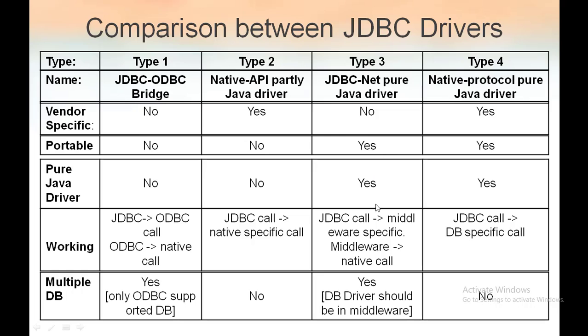Only type 3 driver has 3-tier architecture. Type 4 driver converts JDBC call into database specific call. Multiple DB: type 1 and type 3 drivers support multiple DB. Type 2 and 4 drivers do not support multiple DB.